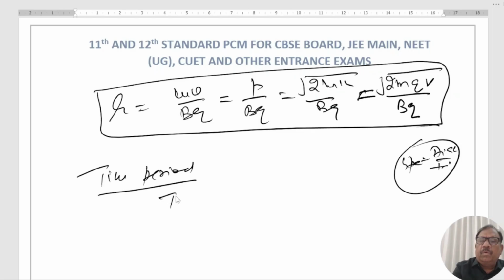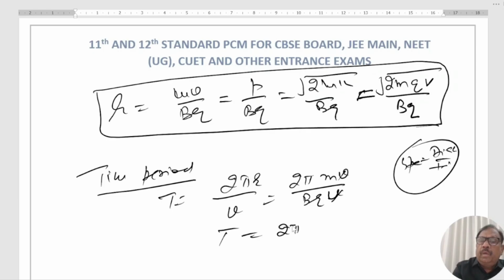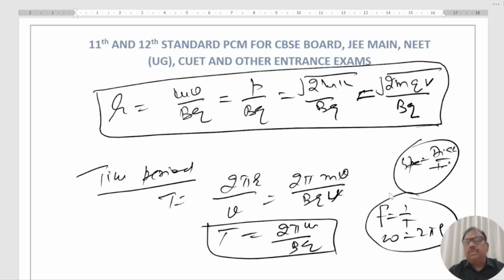The time period T will be equal to distance in one revolution, 2 pi r, divided by the velocity. 2 pi r की जगह पुट कर दिया हमने mv upon bq, into v. So time period is 2 pi m by bq. From this, f equal to 1 by T and omega equal to 2 pi f. We can find any relation.